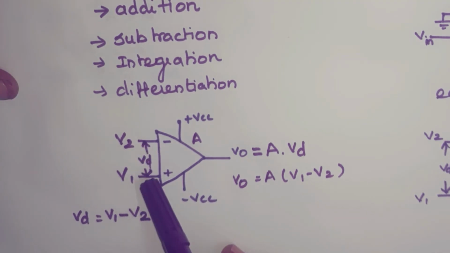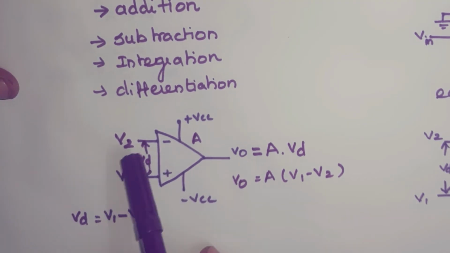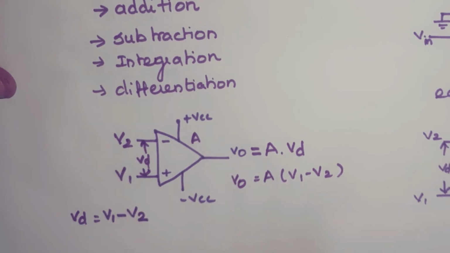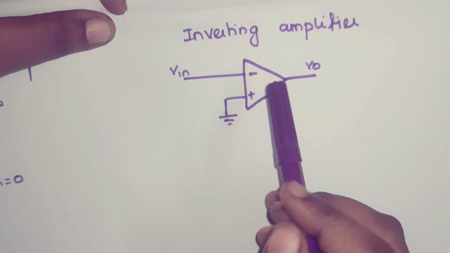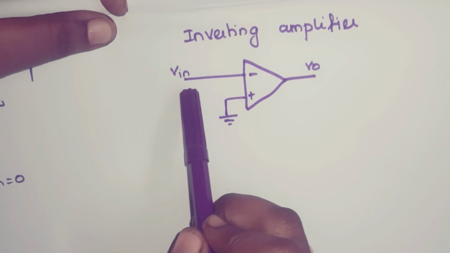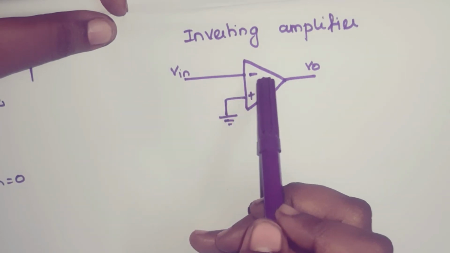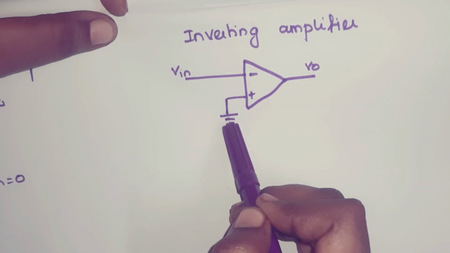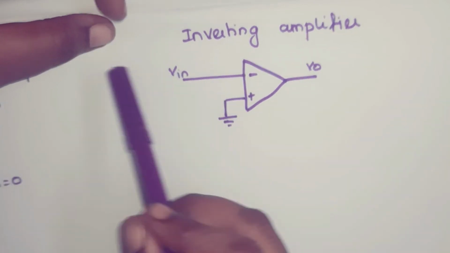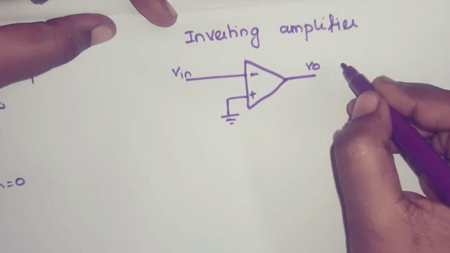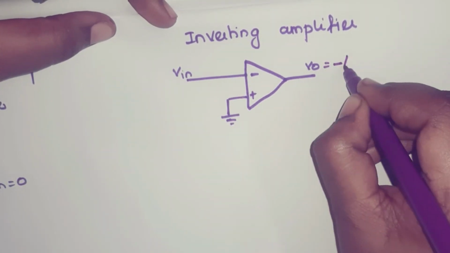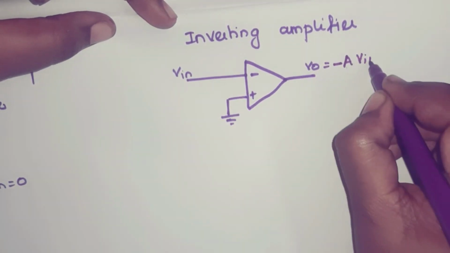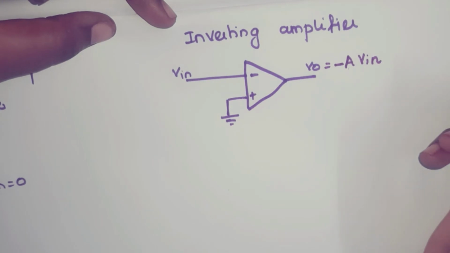Here I have given input at both terminals. Now let's see how it behaves if input is given at only one terminal. In this circuit, you are giving input at the inverting terminal of your operational amplifier and the non-inverting terminal is grounded. So the output will be V0 is equal to minus A multiplied with Vin.